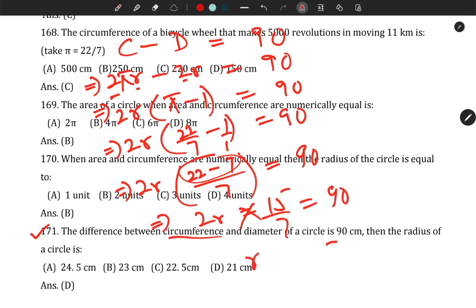So r will be 90 into 7 divided by 2 into 15. So 2 1s are 2, 15 3s are 45, so 7 into 3 will make 21. So the radius is 21 centimeters, so the correct option is D, 21 centimeters.